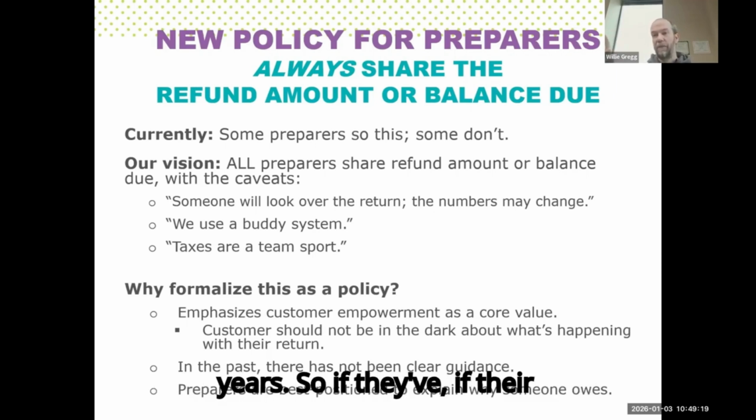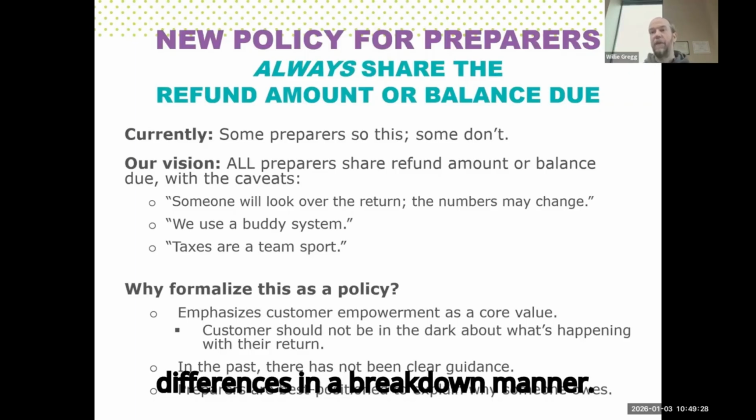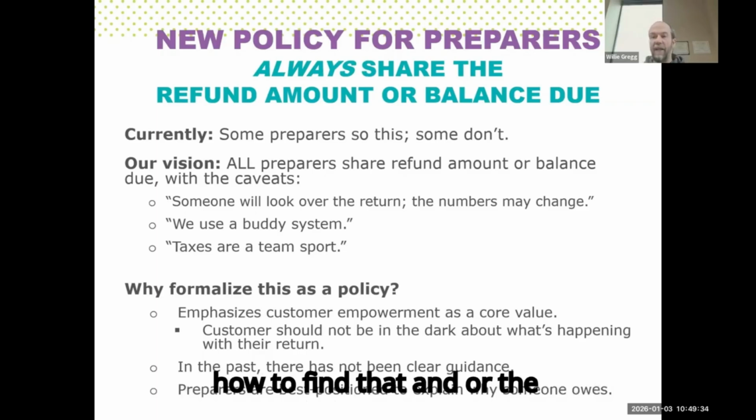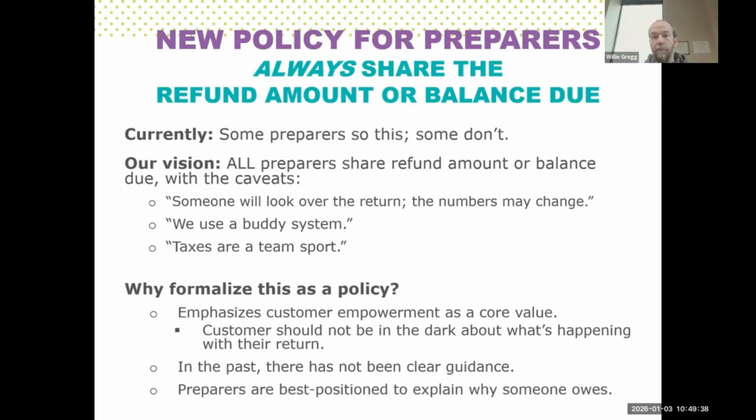So if their information is carried forward and in our system, there is a way to see the 2024 to 2025 actual tax return differences in a breakdown manner. We can provide a demonstration of how to find that and/or the form that you were referring to as well. Cool. Sounds good. Thank you.